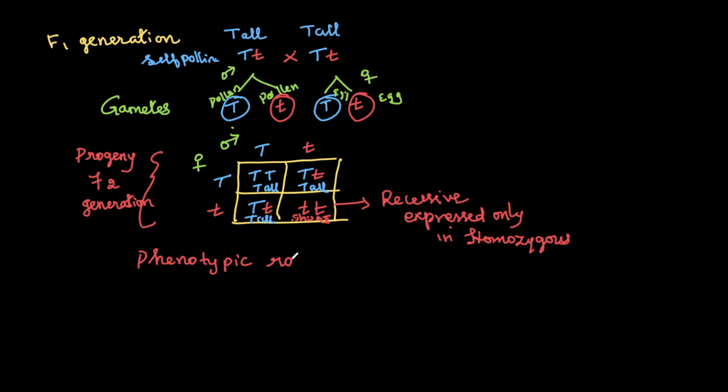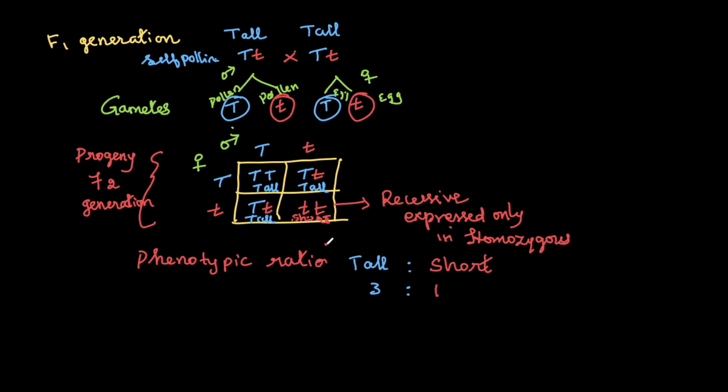Phenotypic ratio means you have to write the number ratio: how many tall you got to how many short you are getting. 1, 2, 3, so 3 tall is to 1 short.